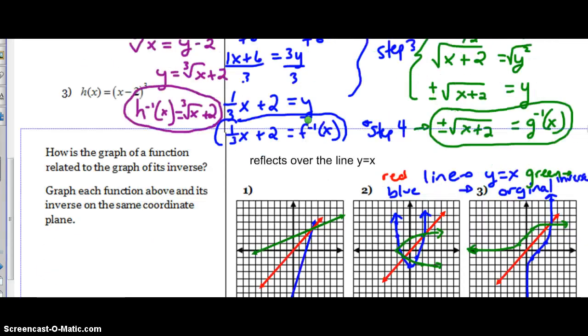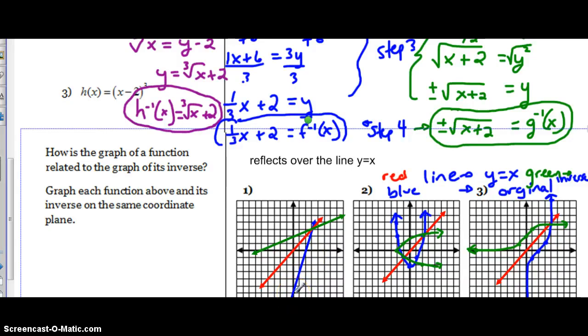Okay, so how'd you do? Did you use your y equals mx plus b to graph your lines and your transformations to graph your other functions? Hopefully. Let's first talk about number 1. Our blue line, our function, had a y-intercept of negative 6 and a slope of 3.